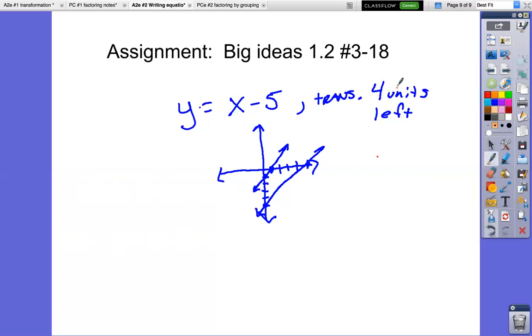So if I'm trying to move it 4 left, remember that's dealing with the x. It's the opposite, so all I'd have to do is add 4. So what's my new equation? Really? It's just x minus 1. So we hit on that yesterday. We talked about it today. We just then didn't do any of these exact examples. All right?